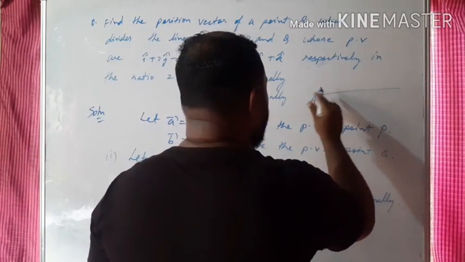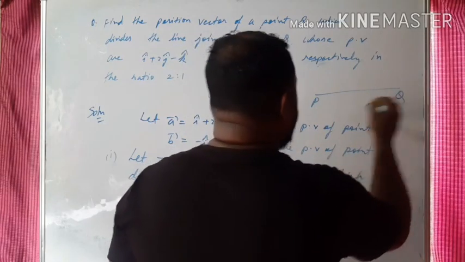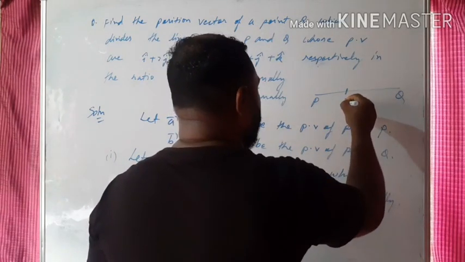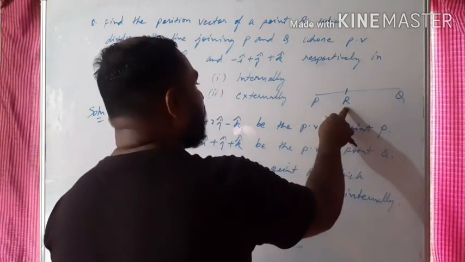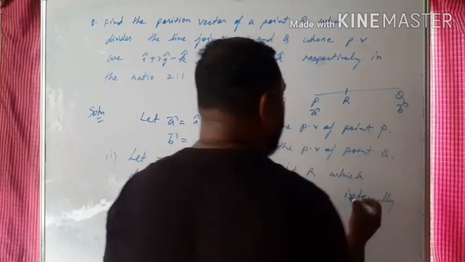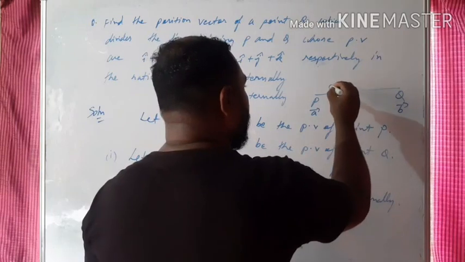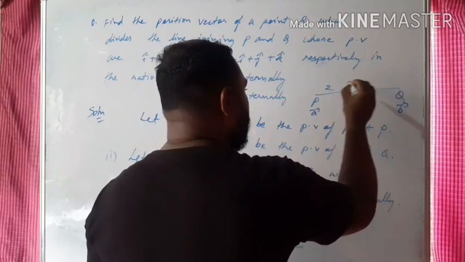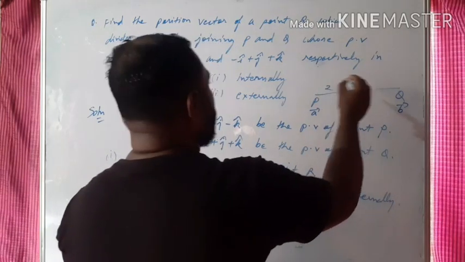if I draw, if it is P and Q, then say for example this is the point R, its position vector is A and its position vector is B. Okay, and R is dividing PQ internally in the ratio 2:1.